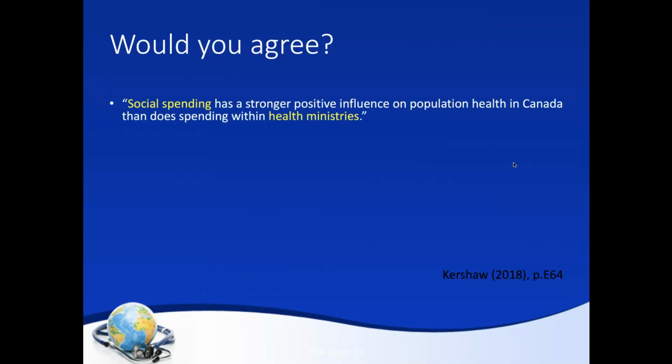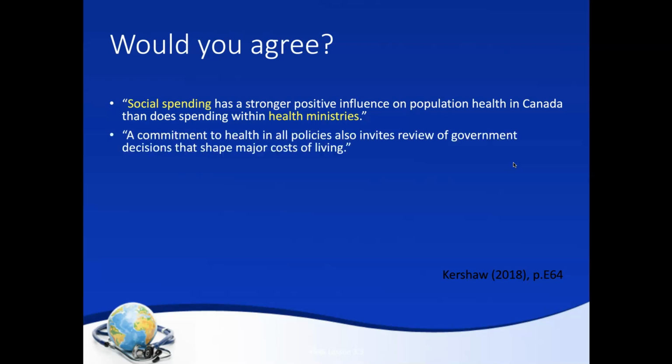And so social spending is looking at social determinants of health spending. And would you agree with me when I say that social spending on social determinants of health has a stronger positive influence on population health than does spending only within our health ministries?